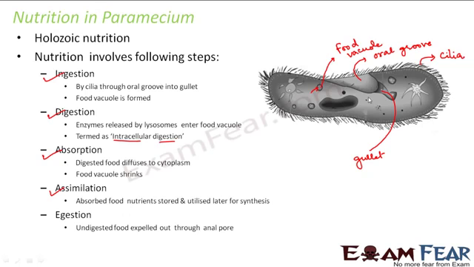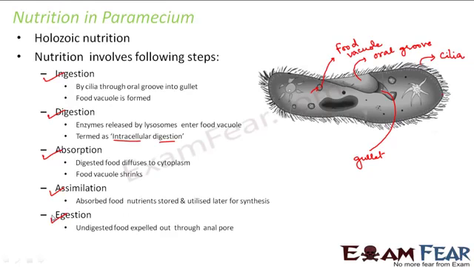So in case of a paramecium, we have an anal pore somewhere here. Through the anal pore, the undigested food is expelled out. Unlike amoeba, where the undigested food was expelled from anywhere on the surface, here we have a specific anal pore. So some changes in paramecium are that here we have a specific location through which intake of food happens, that is the oral groove.